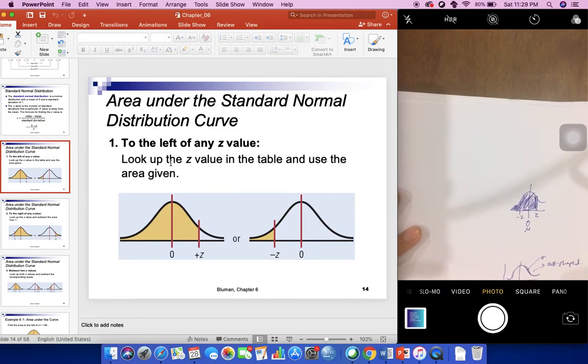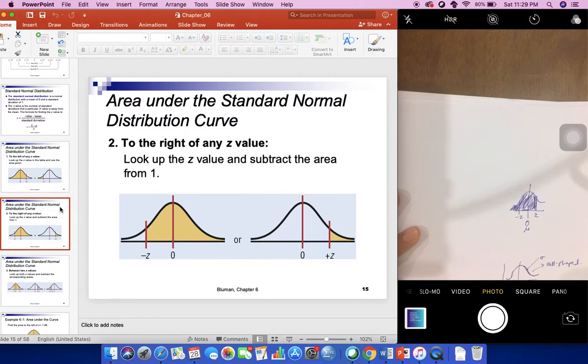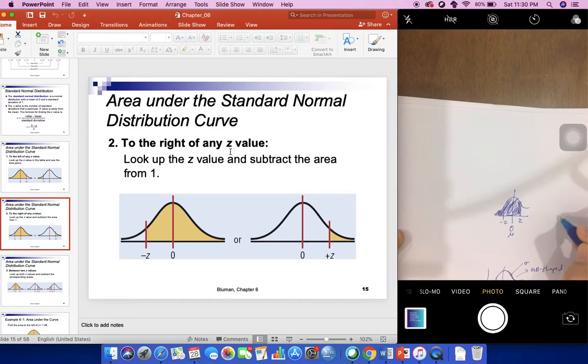Then to the right of any z value, the area starts from here until here for the z value to the right.